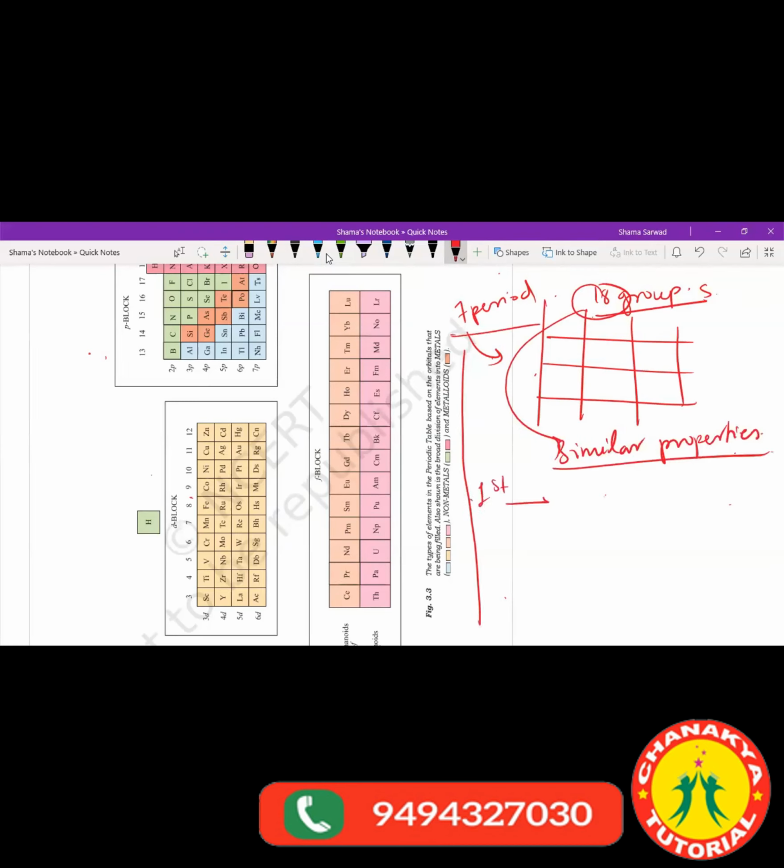First period has 2 elements. Then the second and third periods both have 8 elements each. Fourth and fifth periods have 18 elements each.